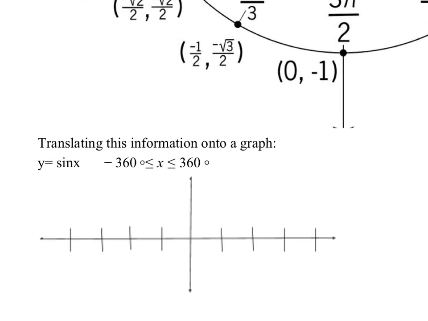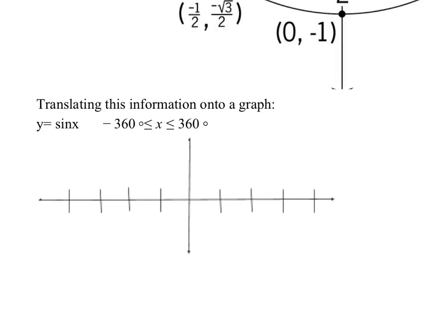So the directions say to use the information to transform into the graph y equals the sine of x from negative 360 degrees to 360 degrees. So the first thing that I'm going to do is mark the major angles on the graph. So we'll do 90 degrees, 180 degrees, 270 degrees, 360 degrees.